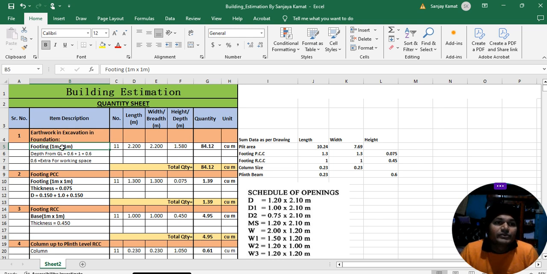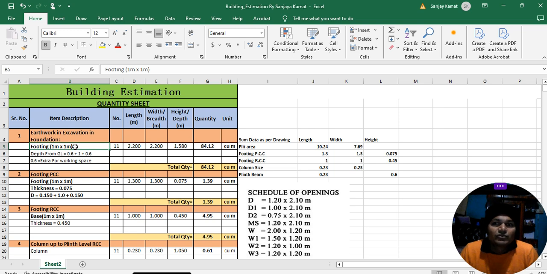If you want to construct one room, how many columns should be there, how much footing should be provided? Depending upon the size of the room and the number of rooms, we provide this footing.